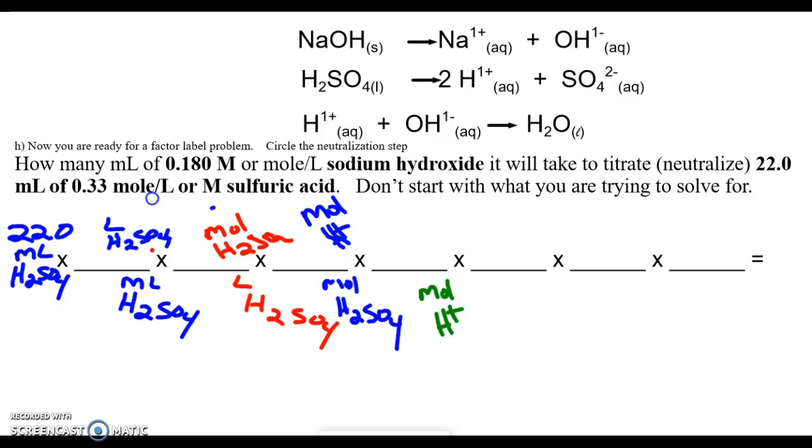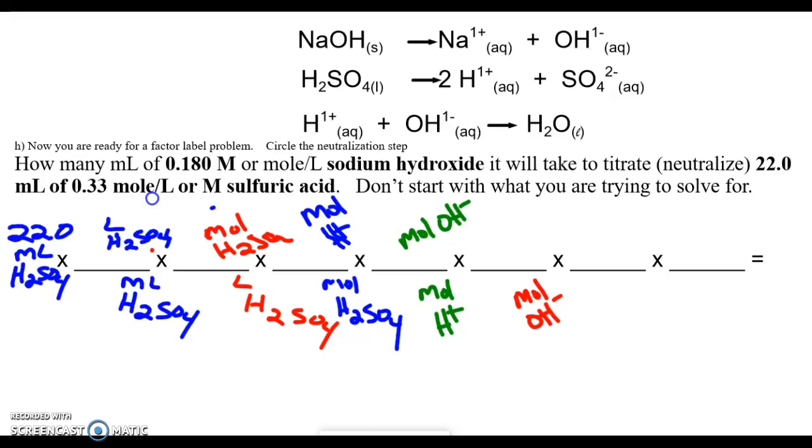From moles of hydrogen ion, the only place I can go is to moles of hydroxide island. Whatever I have on top must go on the bottom, so moles of hydroxide ion go down here.